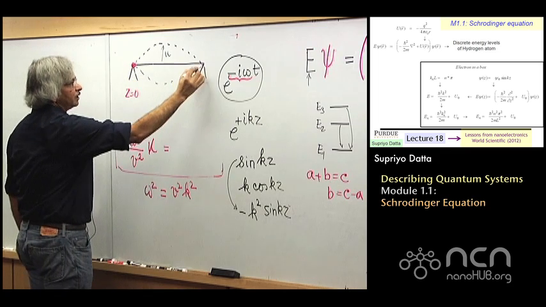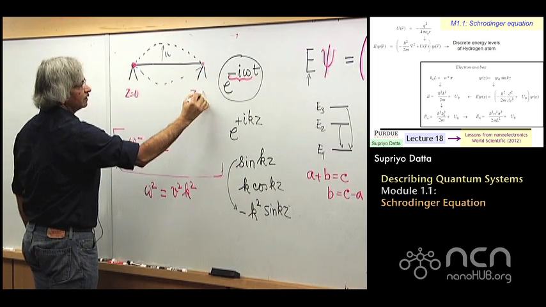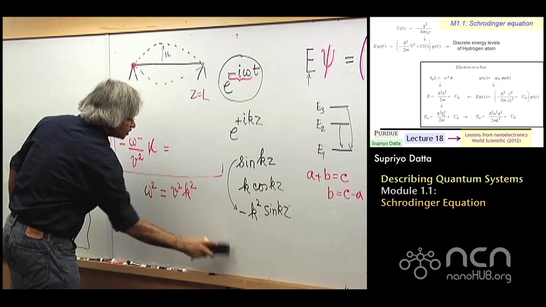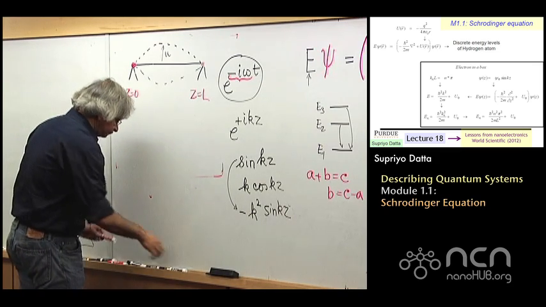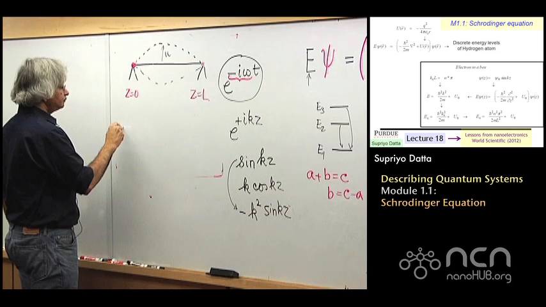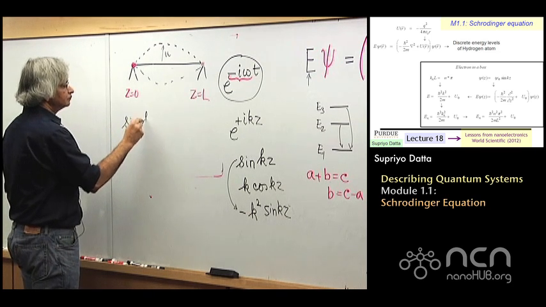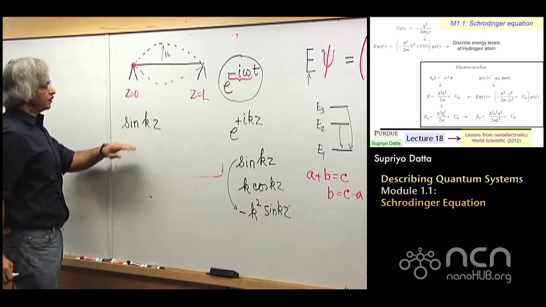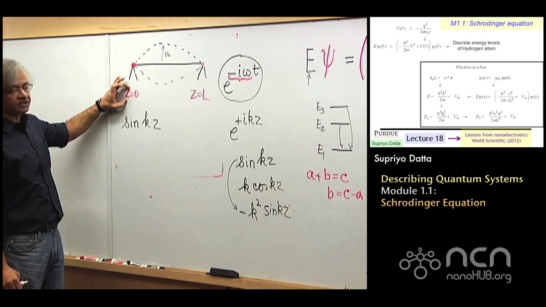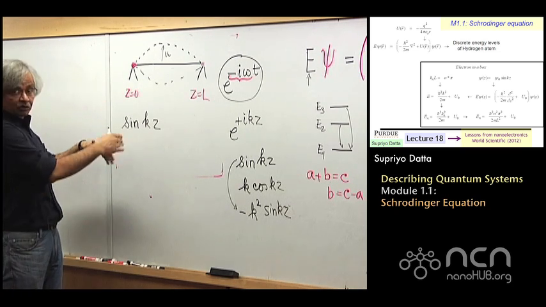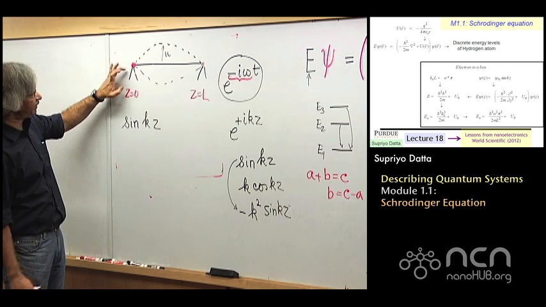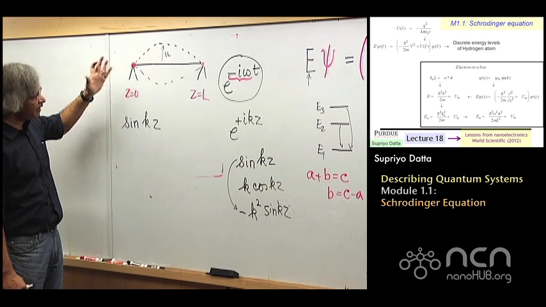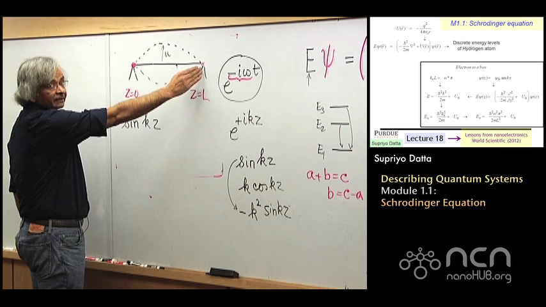If you're fixing it, and you're fixed here, so at z equals L, it must be 0. So, if our solution has the form of sine kz, I can see that it will automatically be 0 at z equals 0. If I had used a cosine, it wouldn't work, so I shouldn't use a cosine, I should use a sine. That makes it 0, right? But then it also has to be 0 at that end.